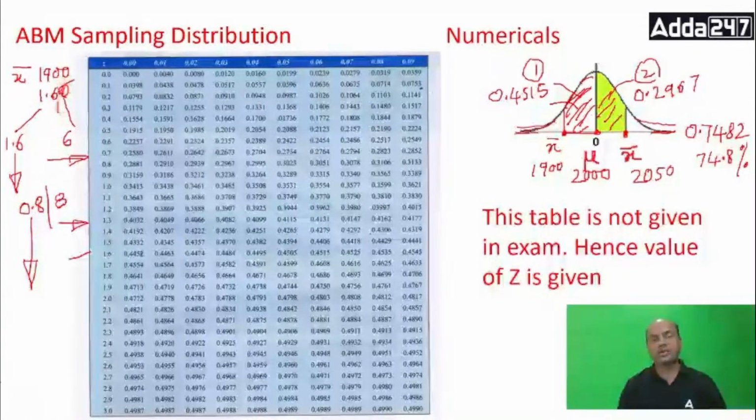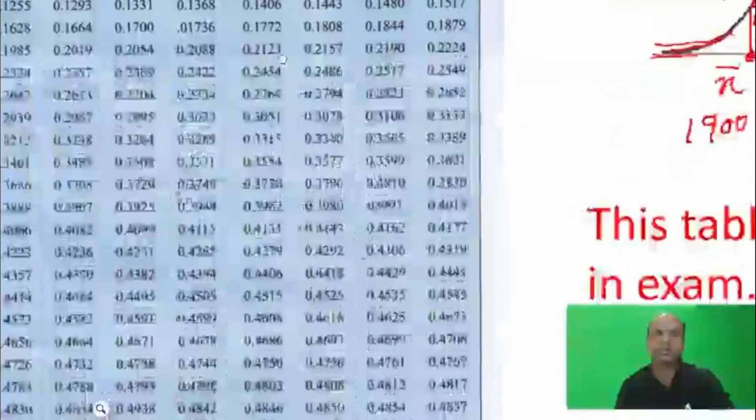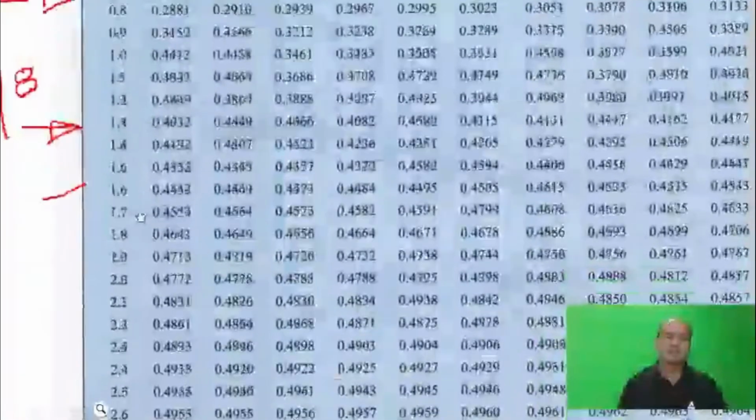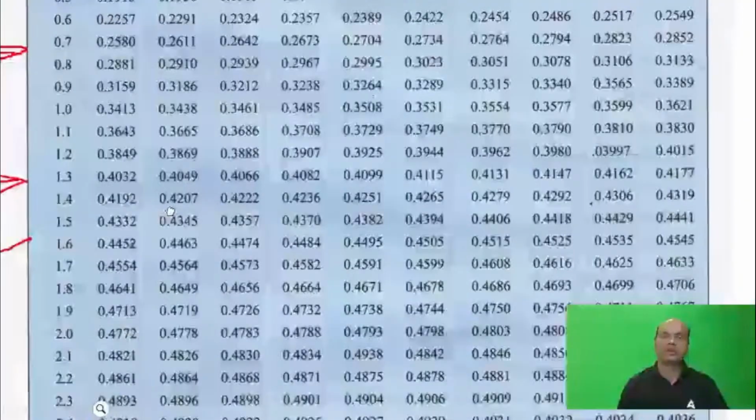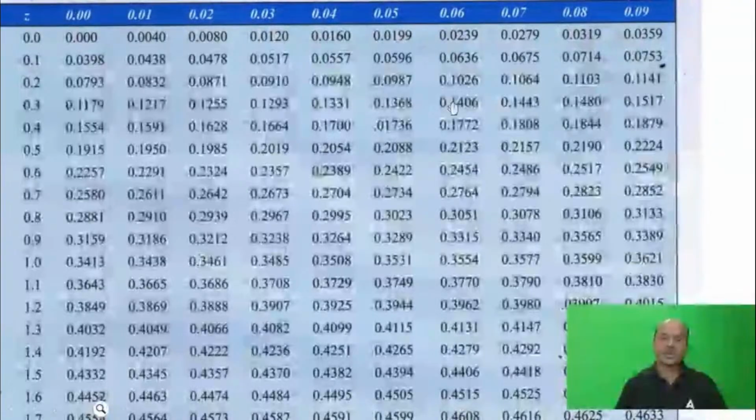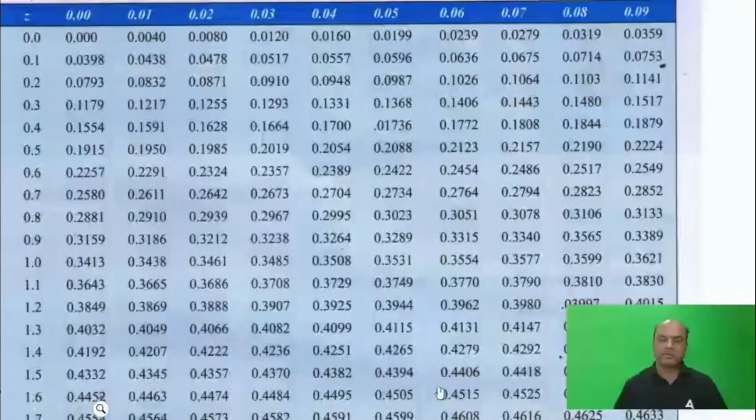Again divide it into two parts, 1.6 separate and 6 separate. First search 1.6 over here, and then search 6. Where is 6? This. These two you will combine. So it will be 0.4515.